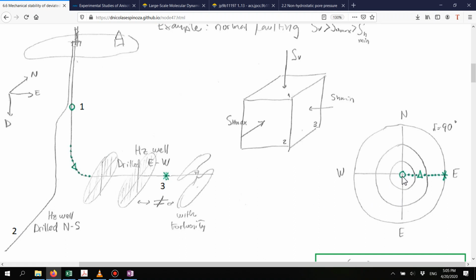Notice that here the circle represents the wellbore in vertical direction, the star represents the wellbore in horizontal direction, and the triangle here represents the wellbore at a certain depth where the deviation is more or less 45 degrees, and these dots represent the orientations at deviations that are in between these three conditions.